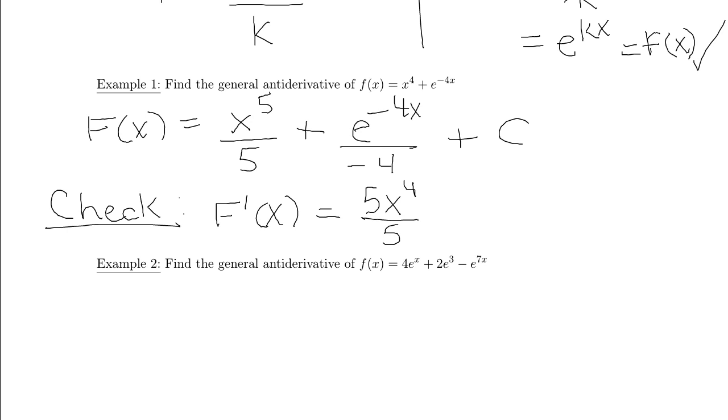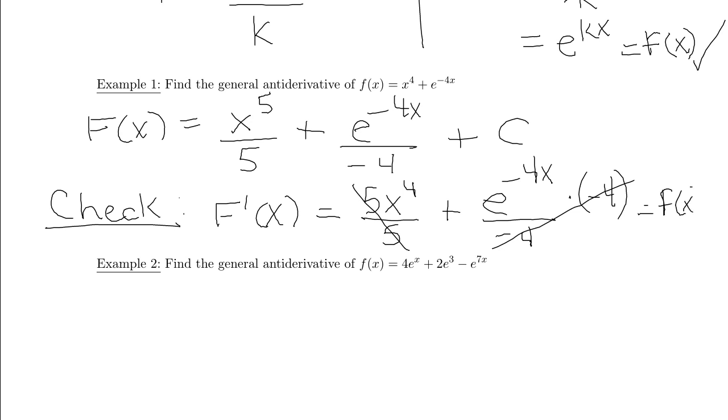That's just a constant there. So I have 5x to the power of 4 over 5, plus I have this e to the negative 4x over negative 4 times negative 4. Again, I'm using that chain rule. So my 5's are going to cancel, my negative 4's are going to cancel, and this is exactly equal to little f of x, which is what we wanted.